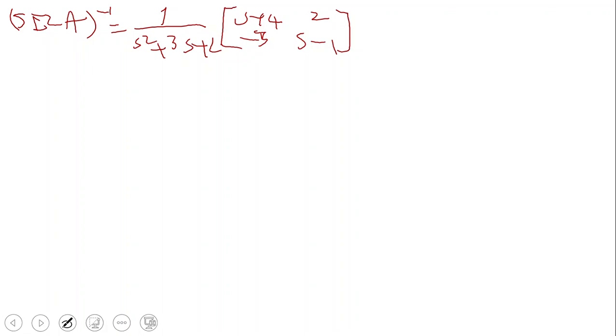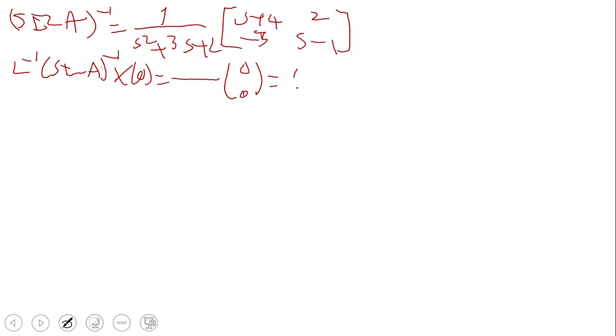In the previous slide, x of 0 is 0. Therefore, L inverse of (sI minus A) inverse x of 0, because this is multiplied by 0, is anyway 0 only. So it's a null matrix, right?